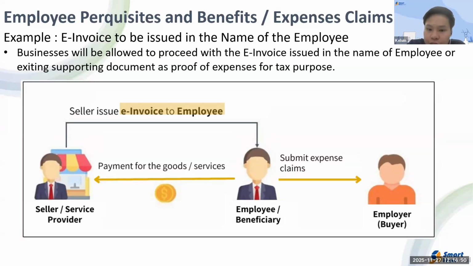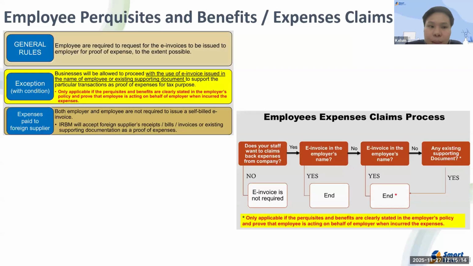But if the invoice your employee submits is under the employee's own name, and they want to submit a claim from the employer, then when the employer does the invoice, they need to have a document to support this employee under this company. Okay.